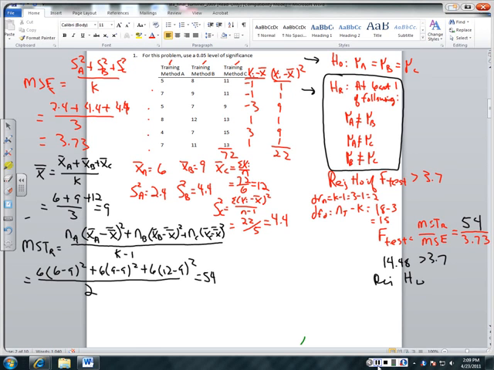So there's 2 things I'm going to calculate to answer that, and let's see if I can fit this over here. The first thing I'm going to do is get the absolute value of the difference between each pair of means.